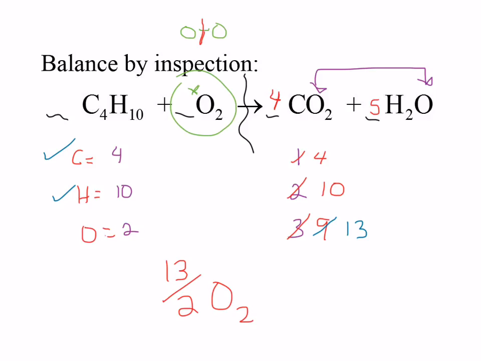So here's my O2, and I'm going to take 13 of these individual halves. You're going to have 13 oxygen atoms. 13 halves of O2s gives you 13 individual atoms.